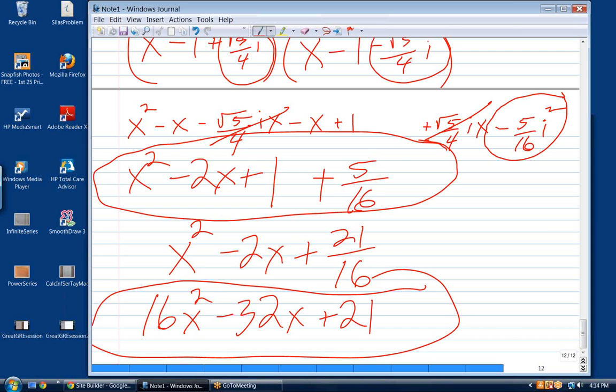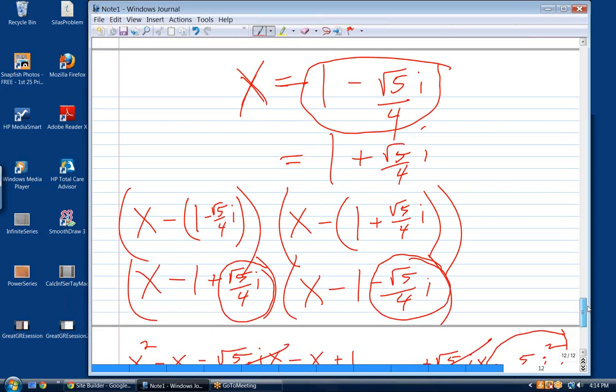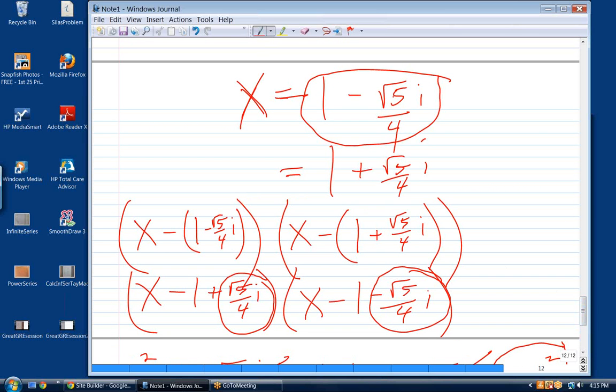Okay. Their answer was, oh my goodness, what did we do? Okay, so it was over 4, right? Was that this one? The original problem was the 1 over 4 and not just i root 5? It was 1 minus root 5 over 4i and 1 plus root 5 over 4i.